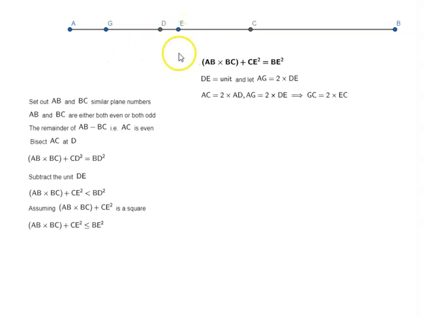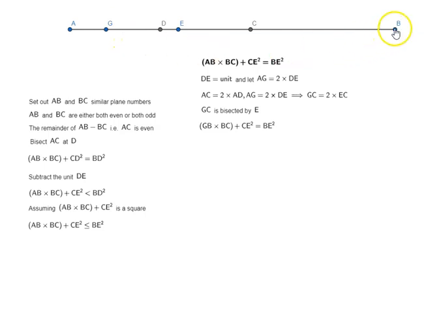And if you work it out, you will notice that GC is 2 times EC. So which means for GC, E is the midpoint. GC is bisected by E. So which means we can apply the same proposition from book 2.